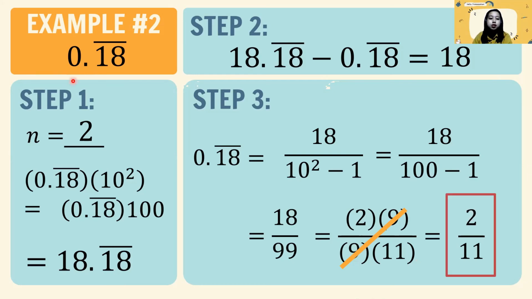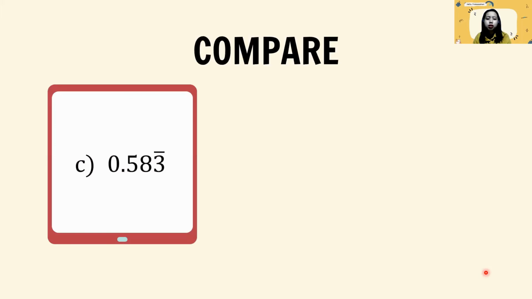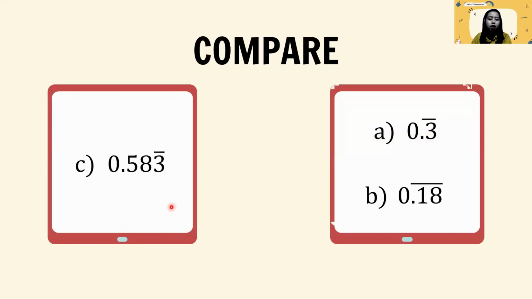So 0.18 with a repeating block is the fraction 2 over 11. So how about exploring this part? I want you to compare my next example to the first two examples that I have given. What did you notice?